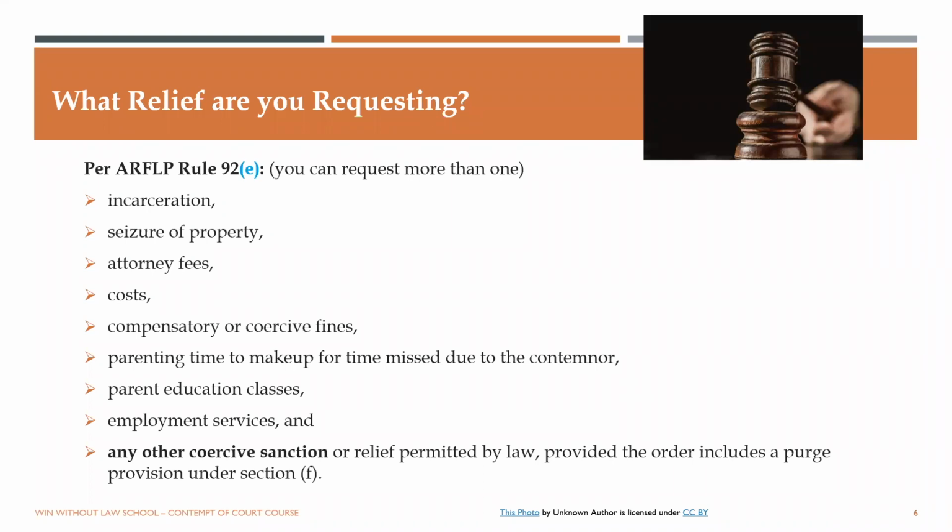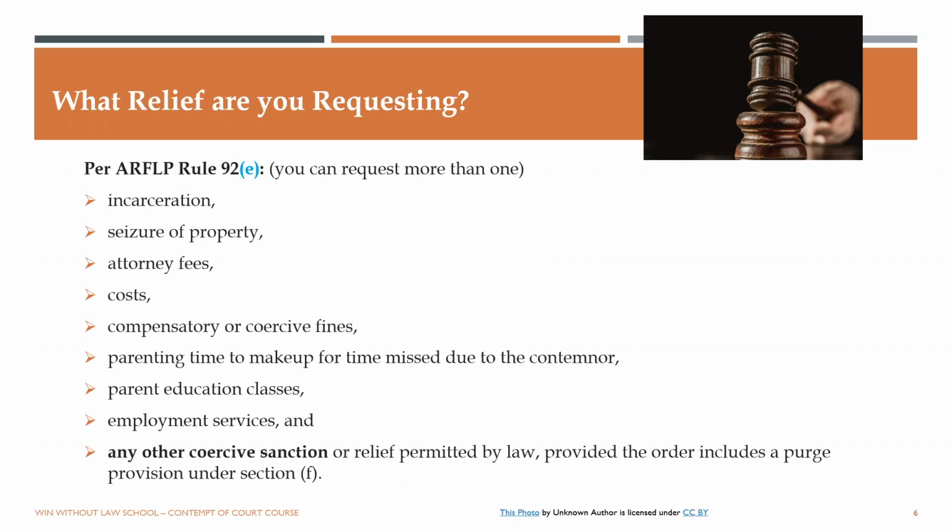So seizure of property could be a valid type of relief if there's a property dispute, money owed under a divorce decree or something like that. Attorney's fees, costs, and then fines, so some sort of monetary sanction.